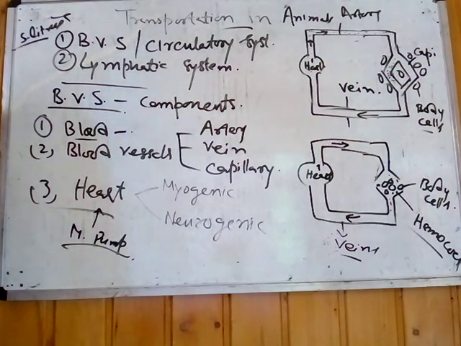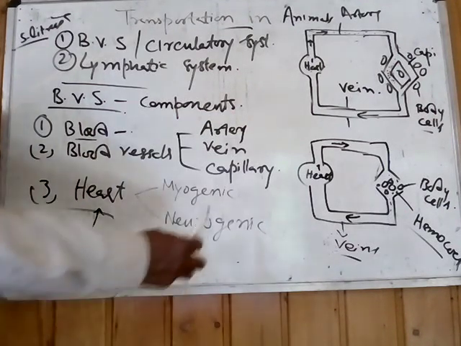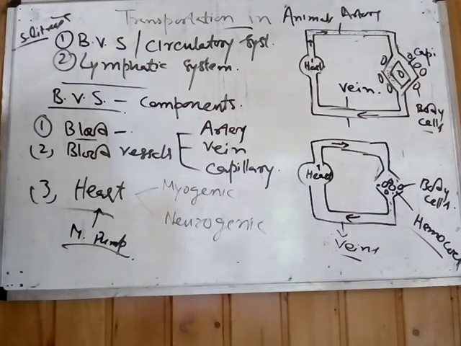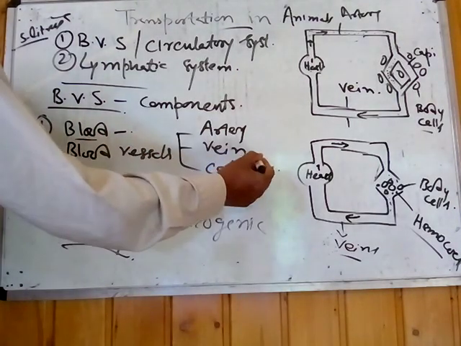And those blood vessels which are involved in the exchange of material in any part of the body are known as capillaries. And those blood vessels which collect the blood from the body cells and bring it to the heart are known as veins.